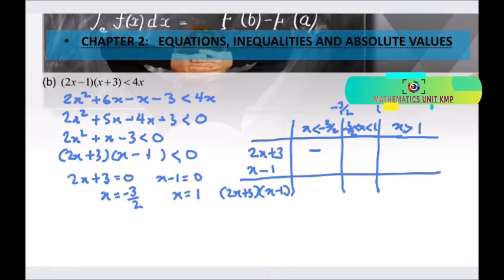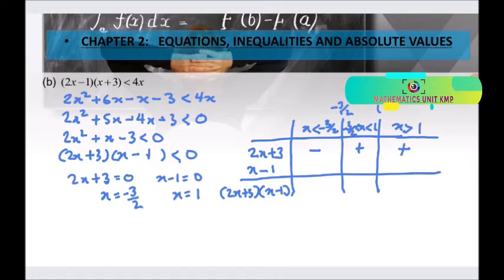For x between negative 3 over 2 and 1, let's take 0. Substitute 0 into the factor 2x plus 3, we will get 3. That means the sign is positive. And we take another value greater than 1, 2. Substitute 2 into the factor, so 4 plus 3 equal to 7. That means the sign is positive.